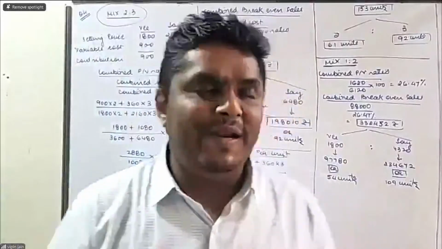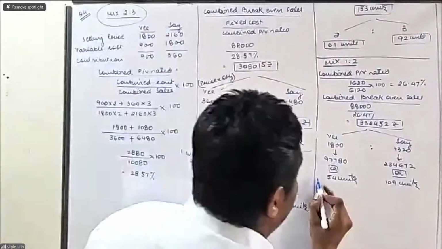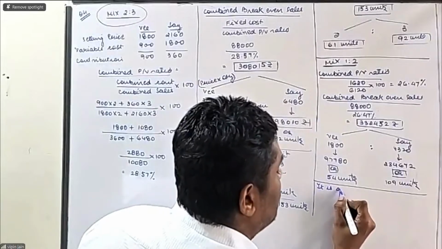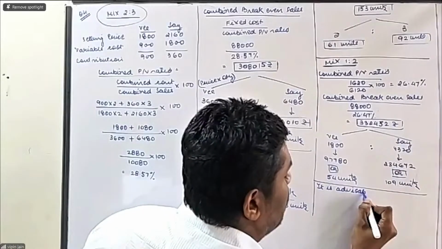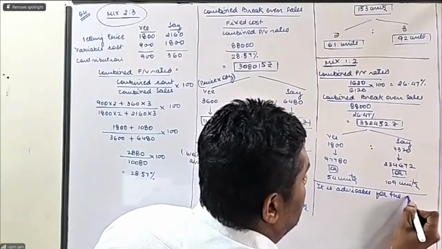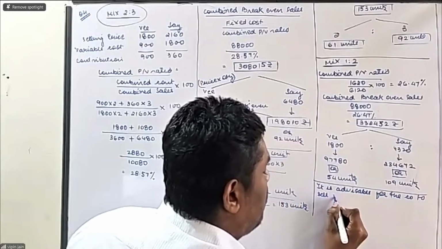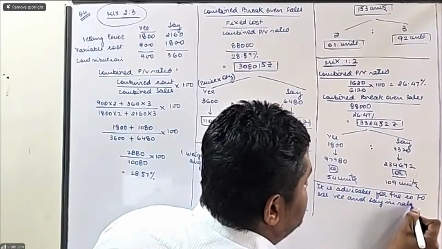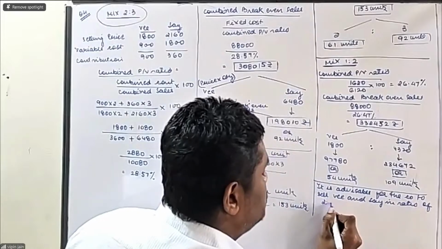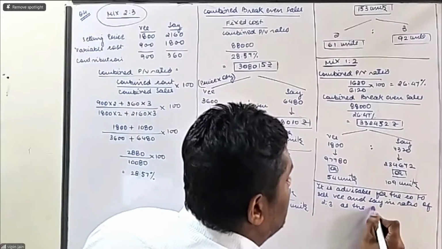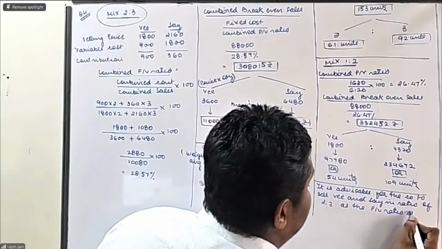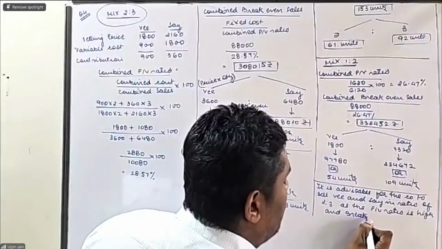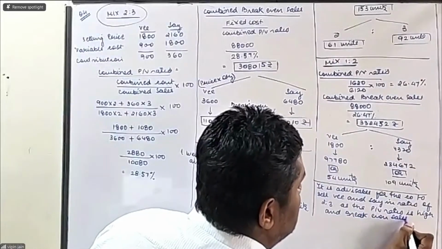So while writing the explanation, you can write that it is advisable for the company to sell V and J in ratio of 2:3 as the PV ratio is high and break-even sales is less.